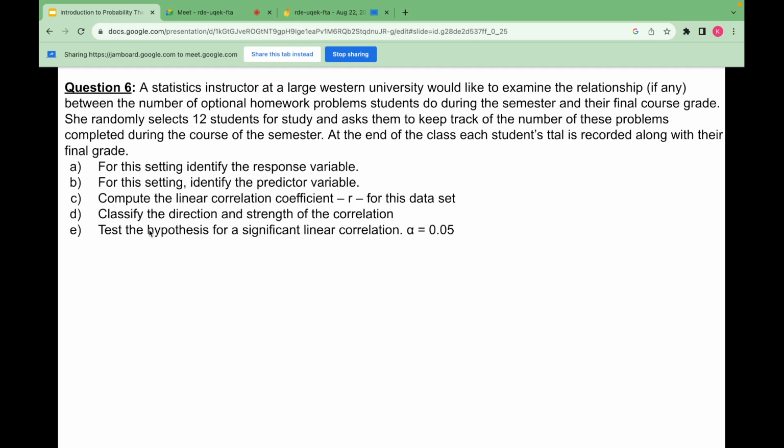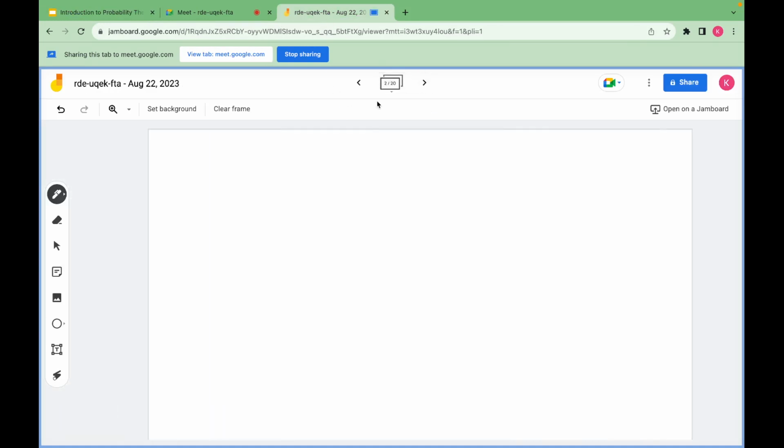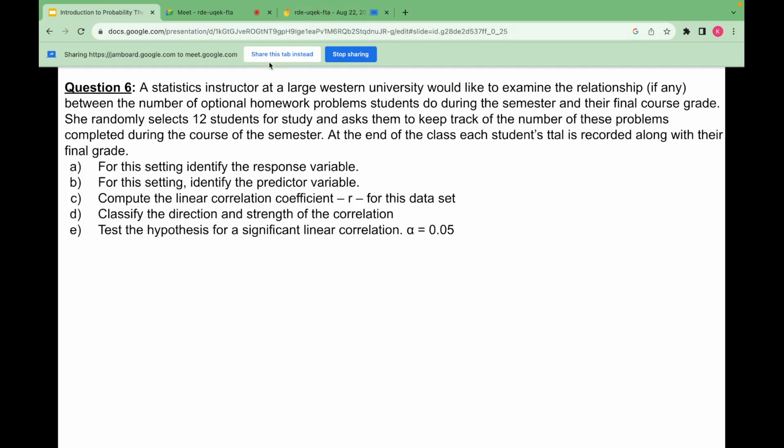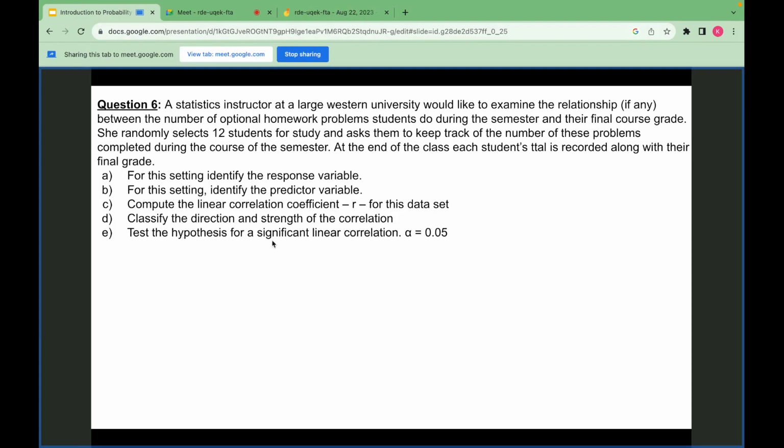Now we want to test the hypothesis for a significant linear correlation with alpha equal to 0.05. For this hypothesis testing, the question is to test the hypothesis for a significant linear correlation.